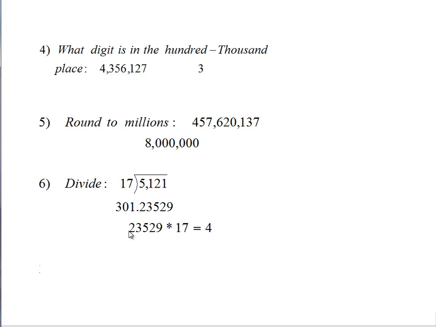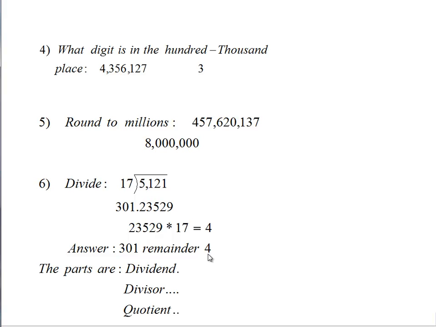There should be a decimal point right there. So then, your answer is 301 with a remainder of 4.